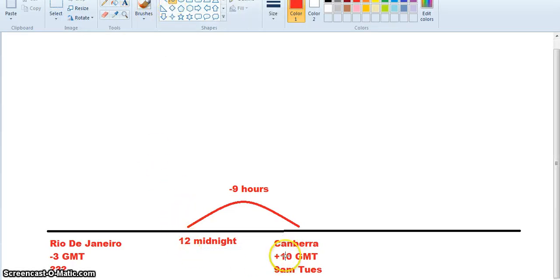Okay, but we're 10 hours in front of Greenwich Mean Time, so we need to subtract another hour to get back to Greenwich Mean Time.